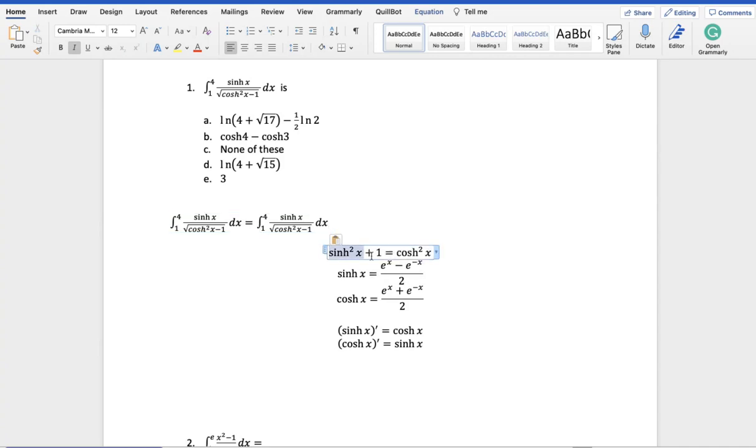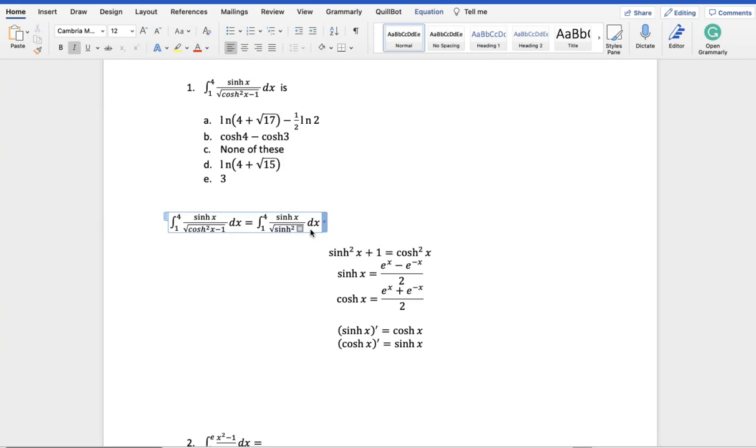So I would suggest that we use this identity that says the square of the hyperbolic sine of x plus 1 is just equal to the square of the hyperbolic cosine. Knowing that, the hyperbolic cosine of x squared minus 1 is just equal to the square of the hyperbolic sine.